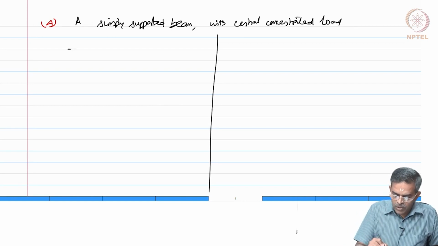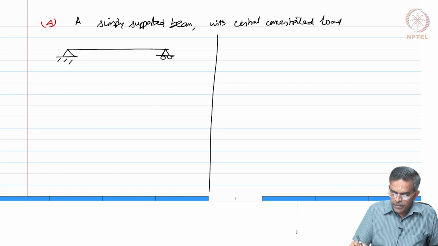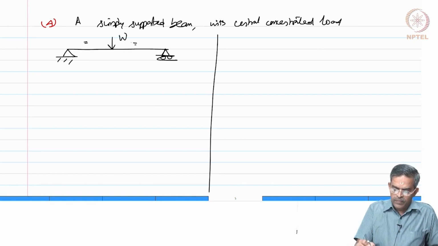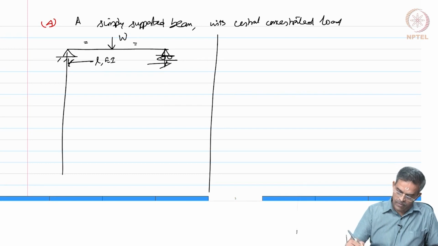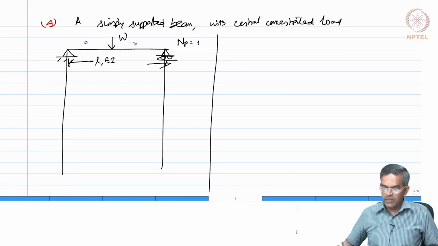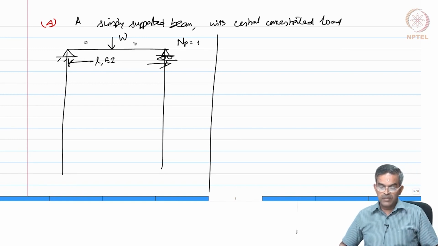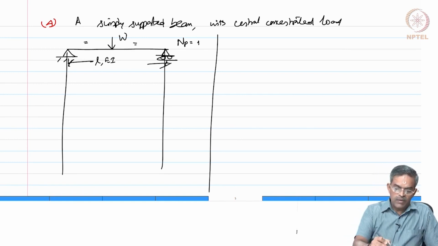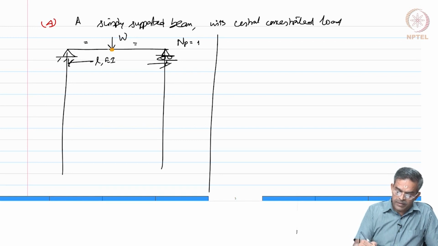So, I have a simply supported beam with a central concentrated load W over a span of L, EI. So, we know the number of plastic hinges required for this problem is 1, because the degree of indeterminacy is 0, and that will be forming the hinge at this point.